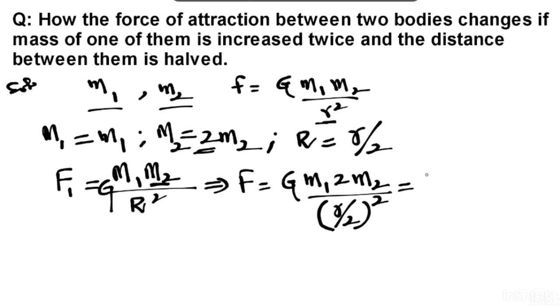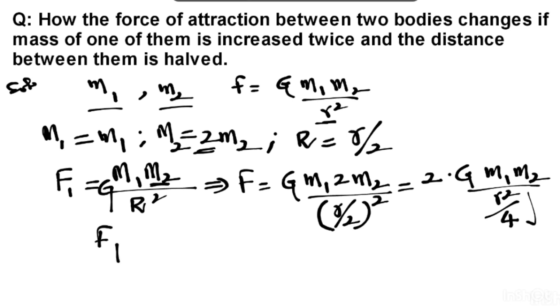I'm going to keep this 2 outside, so 2 G m1 m2 by, keeping this r square as it is, and you have 4. Now this 4 moves up, so capital F1 is given by 2 into 4, 8 G m1 m2 by small r square.